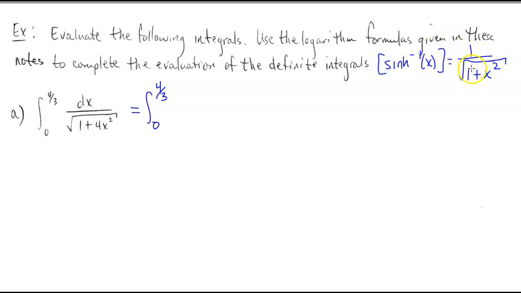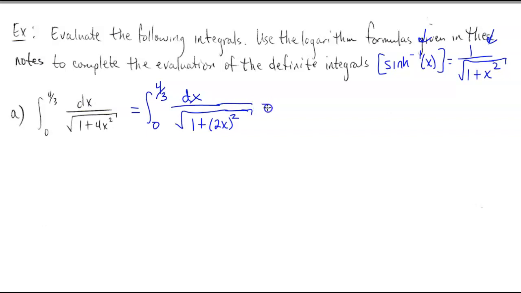Therefore the antiderivative of 1 over square root of 1 plus x squared is just going to be inverse hyperbolic sine of x. So we're going to try to work it out to where it will meet that profile. Here we know that 4x squared is the same as 2x quantity squared.